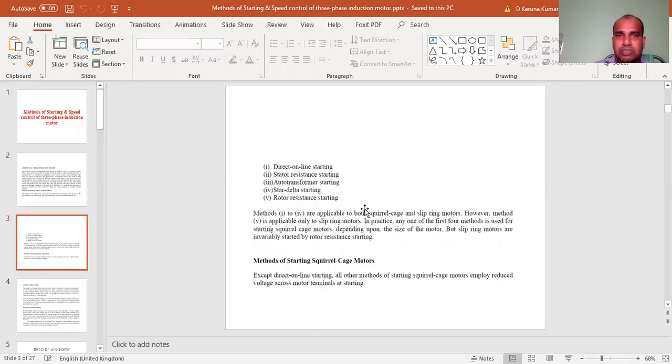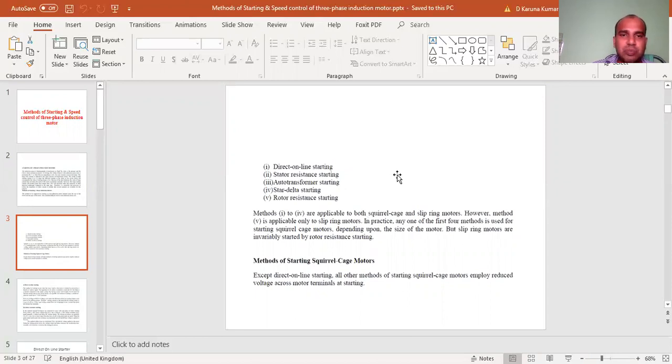The first one is the DOL, direct on line starting method. The second one is the stator resistance method, then the auto transformer starting method, the star delta starting method, and the last one is the rotor resistance starting method. DOL and star delta starting are used for both squirrel cage and slip ring induction motors.